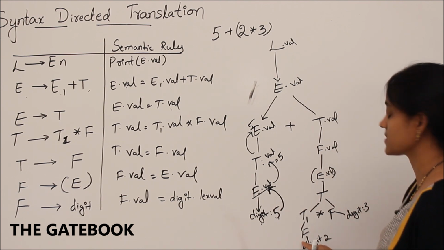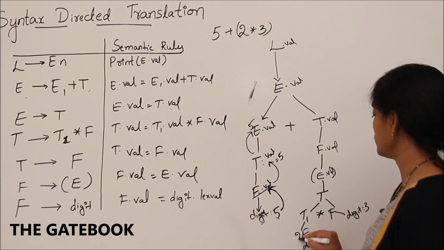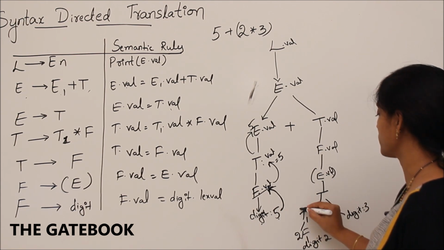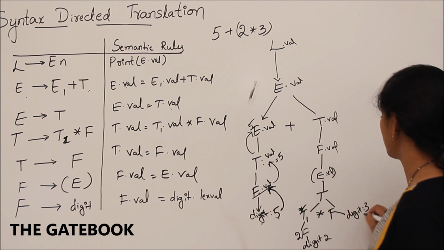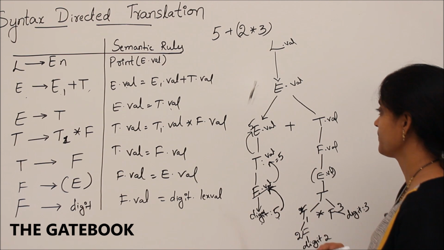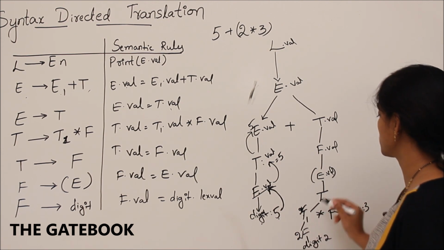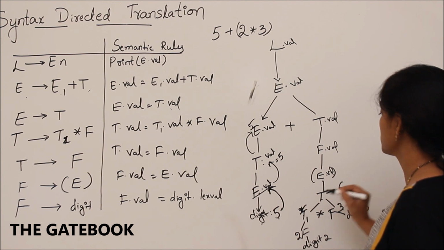So here again let's start from the bottom. F.val is nothing but 2, and T derives F, so T.val is 2, and similarly F.val is 3. So T derives T1 star F. Now the value of this T is the multiplication of these two values, that is nothing but 6.